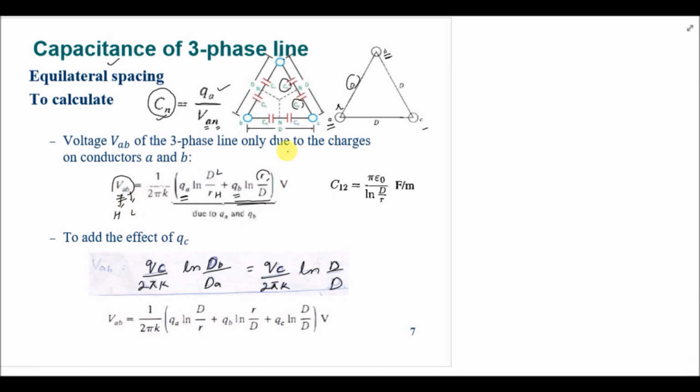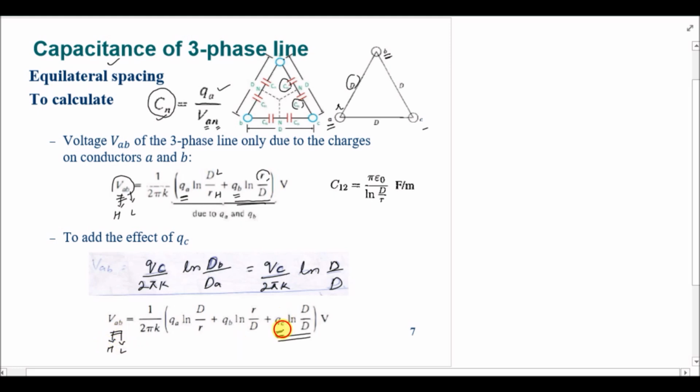So this was the case when we have two conductors, but now we have three conductors A, B and C in a three phase transmission line. In order to add the third term in this equation, we have VAB, where A is the high potential point and B is the low potential point.